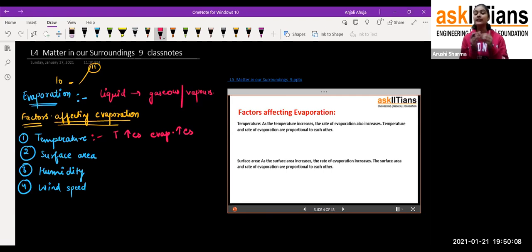It is because, students, the particles find more surface area, and if they find more surface area, the evaporation process takes place very easily. So that's the surface area phenomenon, students. Fine.